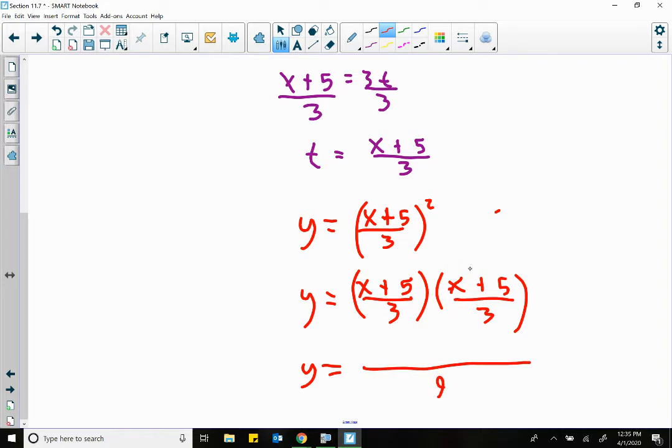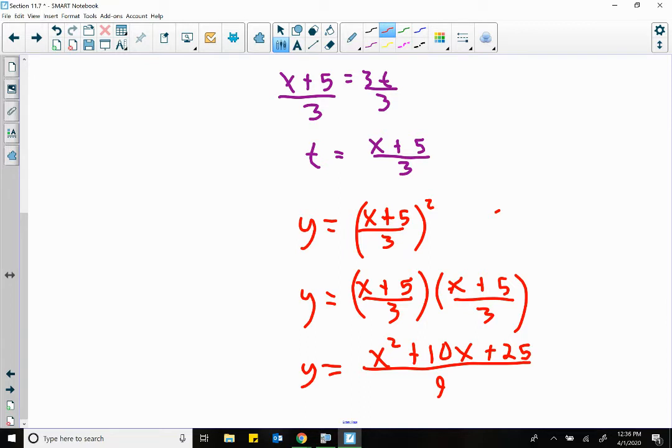And on the top, you FOIL. So x times x, x squared. x times 5, 5x. 5 times x is another 5x. So that's 10x total, because you got 5x and 5x for the inner and the outer. And 5 times 5 is 25.